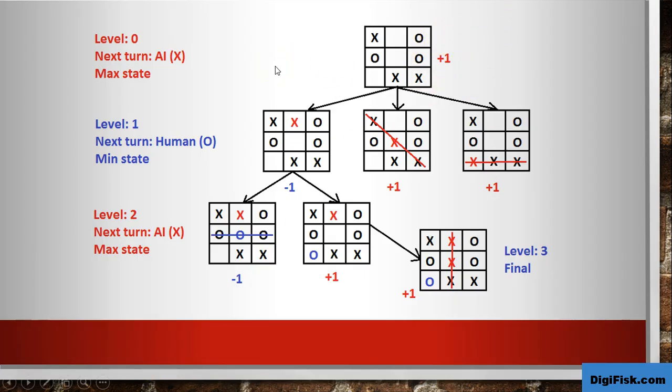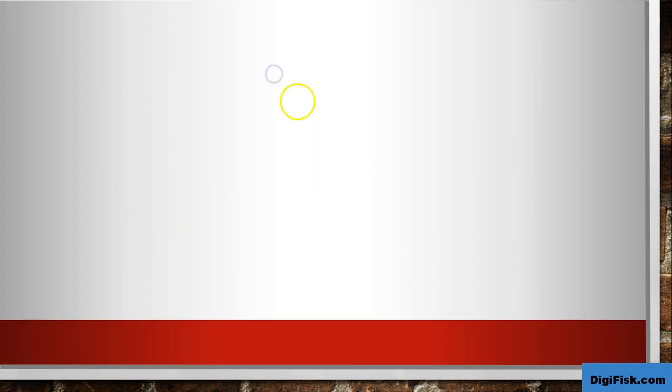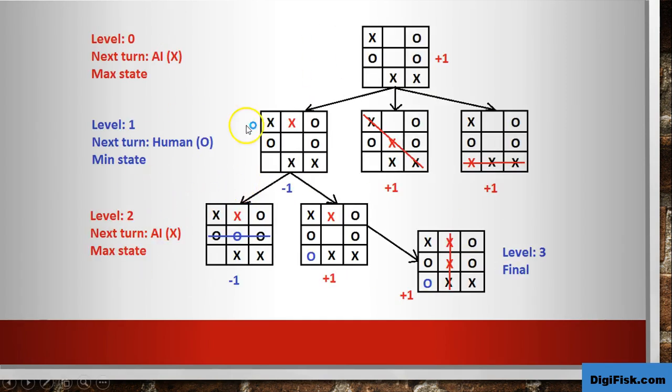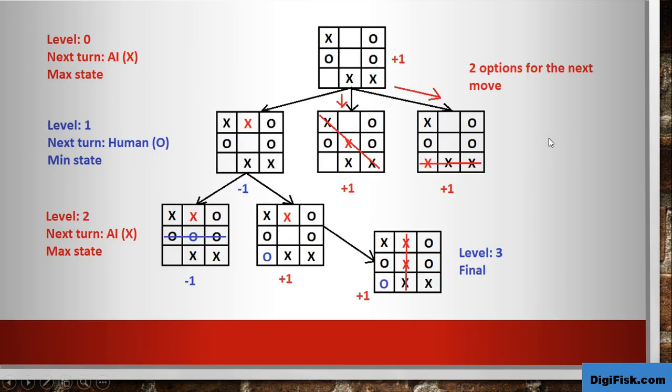So now we can look at the possibilities. Now we can see that there are two possibilities for the next turn. As you can see here, right? You've written out utility for everything. And as you can see here, we have two possibilities, either this or this for the next turn of the AI. But we can't choose both options. So our algorithm is going to choose the first possible option.